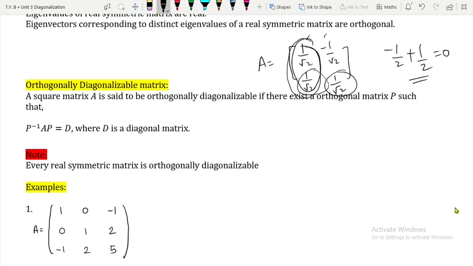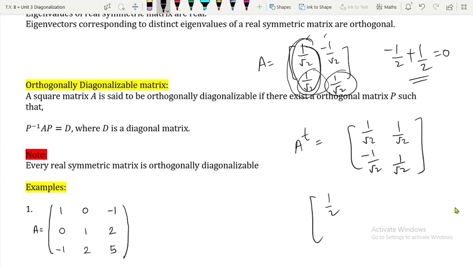Obviously A inverse is going to be equal to A transpose, you can check. What will be my A transpose in this case? It will be 1 upon root 2, minus 1 upon root 2, 1 upon root 2 and 1 upon root 2, and if you take the product, you will observe that you get the identity matrix. Let us try it. 1 upon root 2 multiplied by 1 upon root 2 will be half, and minus 1 upon root 2 multiplied by minus 1 upon root 2 will be again plus half.